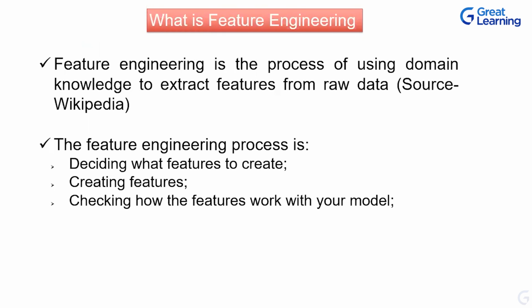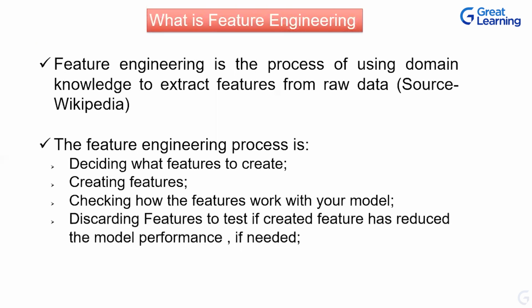If the feature has not worked well, we drop that feature and create another one. However, based on a domain understanding, we may decide to keep a couple of features together, look at the model performance, and decide to drop those features based on how they have worked on the model. So it's discarding the feature to test if the created feature has reduced the model performance.